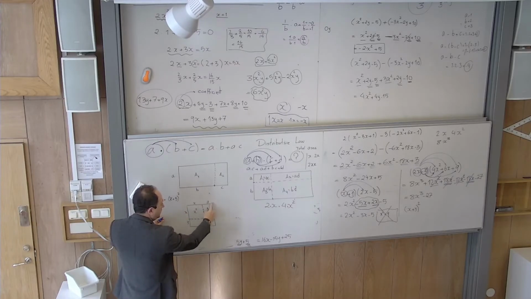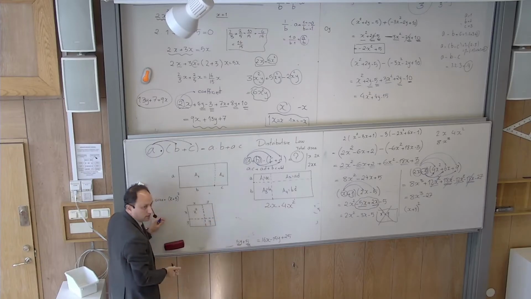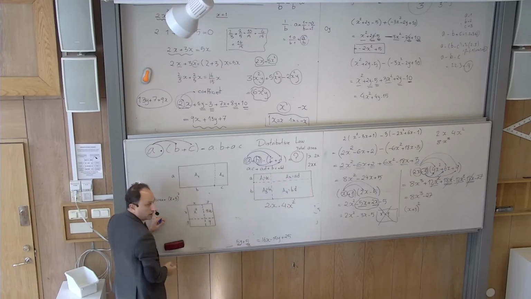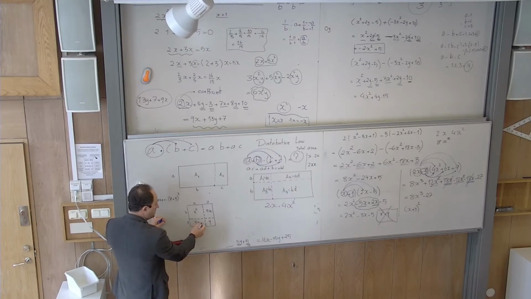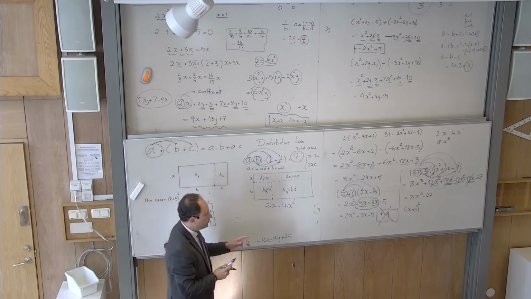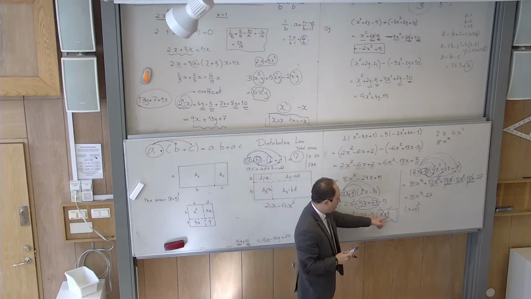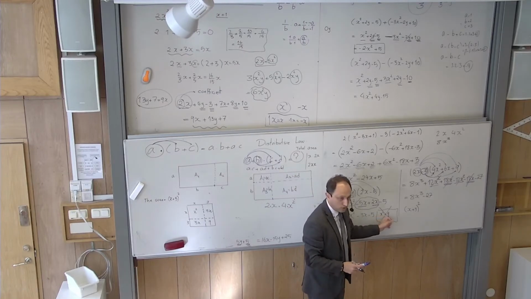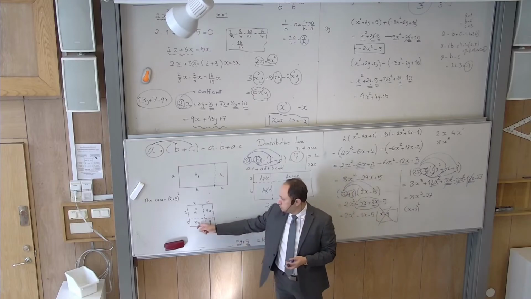So what is the area here? This is no longer a square, but it is a rectangle. This length is x, this length is 3, so this part is 3x. And the same story here. It's also 3x. So remember, if you just write x squared plus 9, it is not totally wrong, but it is not the whole story, because the whole story contains 2 more.